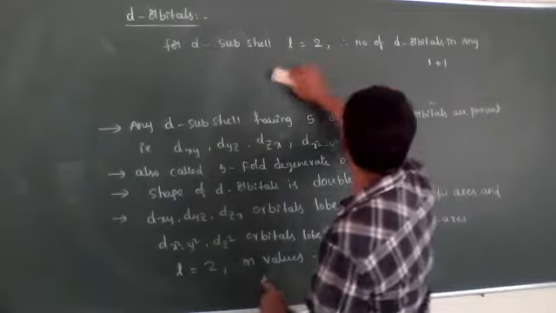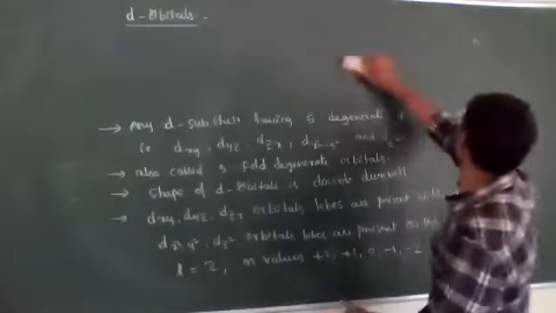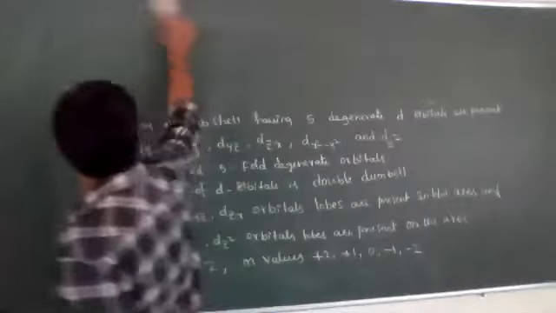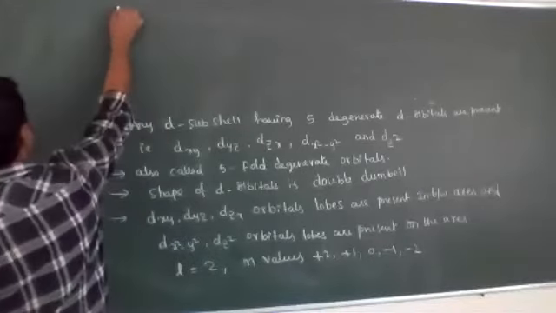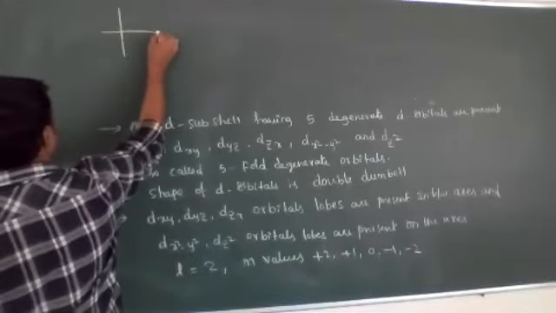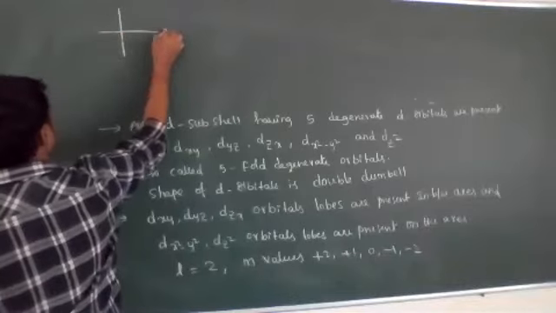Let's see the orbital shapes. First one, this is x and y.